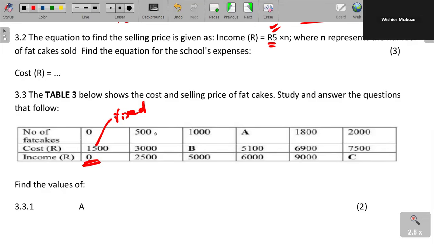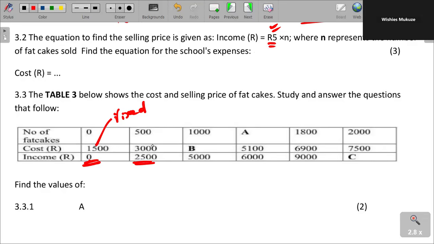However, for 500 fat cakes, we take 5 times the number of fat cakes, and then we get the income here. The cost is also 3n.